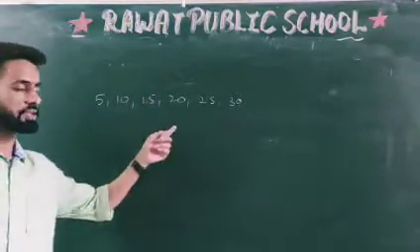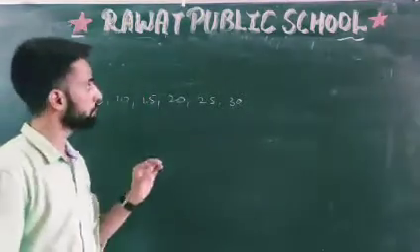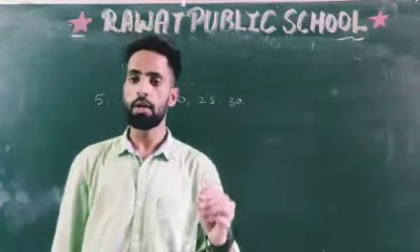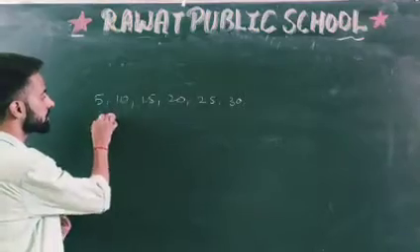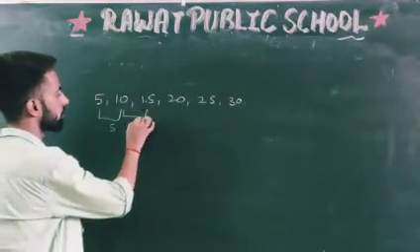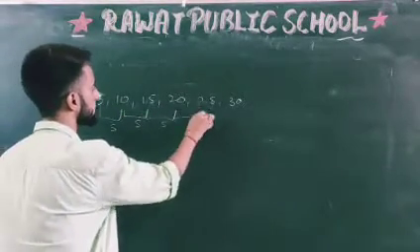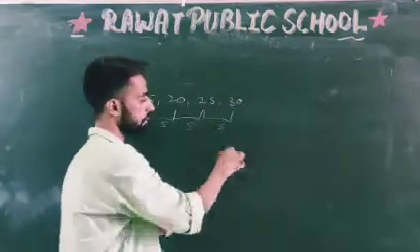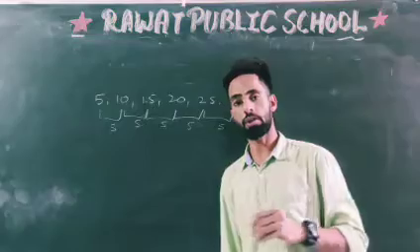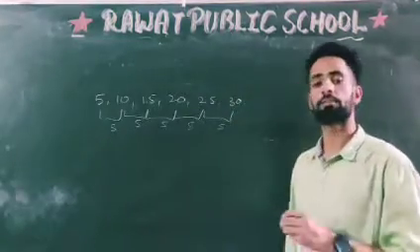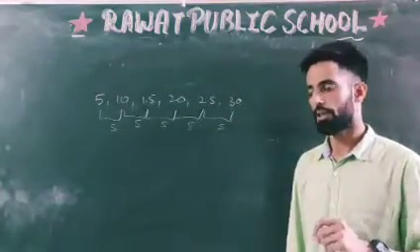We have 6 terms here, and the difference between any two consecutive terms is always constant. You see the difference here is 5, 5, 5, 5 and 5. Such a type of progression or series is called an arithmetic progression.